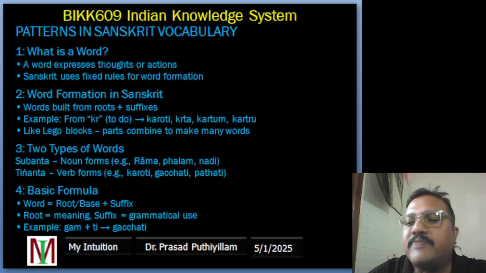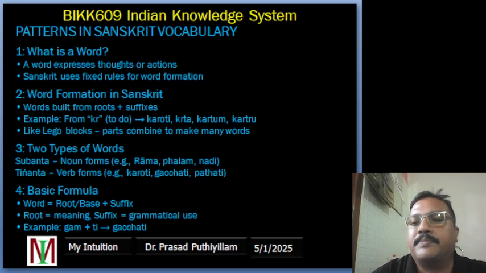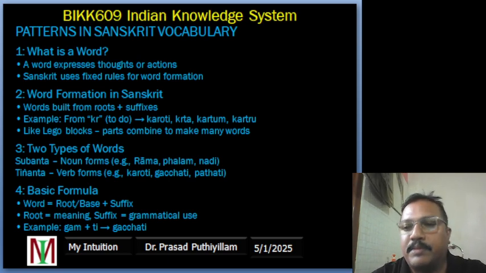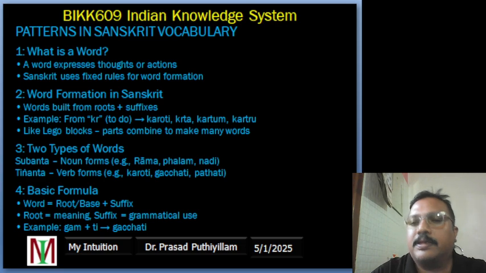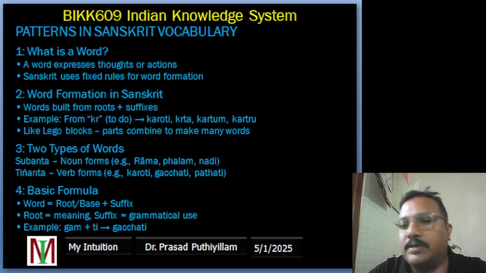The basic word formation formula in Sanskrit is very simple: the root or the base, to that add a suffix. The root provides the core meaning. For example, gam means to go.